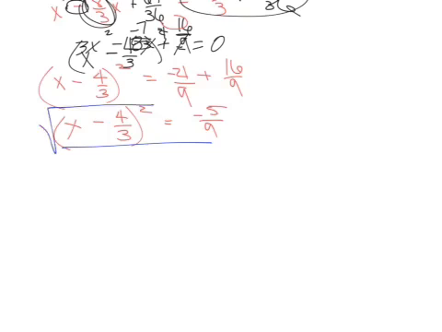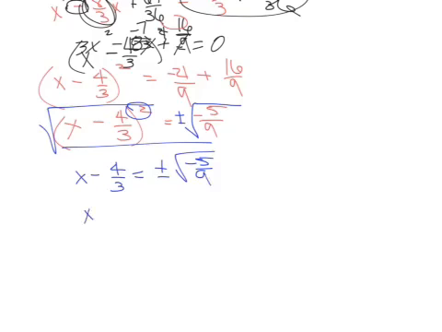Now we're going to take the square root of both sides. Remember, when you take the square root of the side with the exponent, it becomes plus or minus. So x minus 4/3 equals plus or minus the square root of negative 5 over 9. Now we're going to put that radical on the top and bottom.